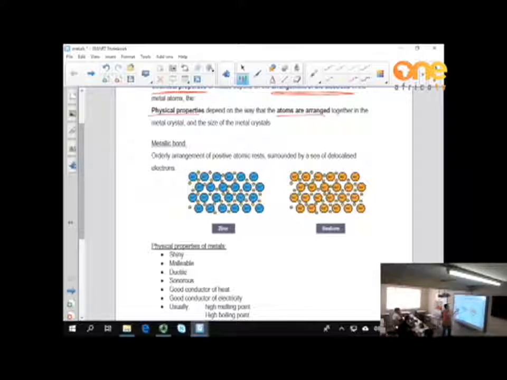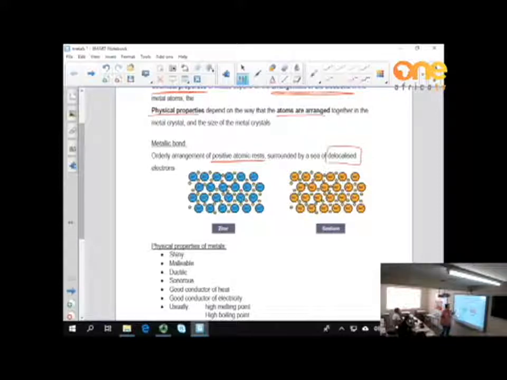Yes, we say the orderly arrangement of positive atomic rests, and they are positive, so where are the negatives? The outer shell electrons, they become delocalized. What does delocalized mean? They can move from one atom to another. It's as if they don't stick to the atom that they should be with.